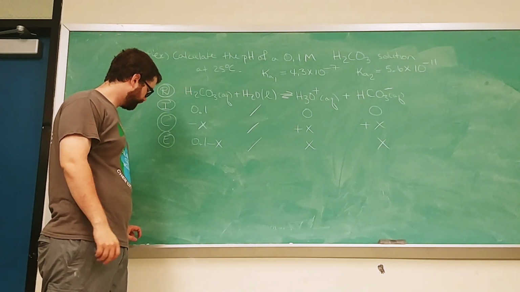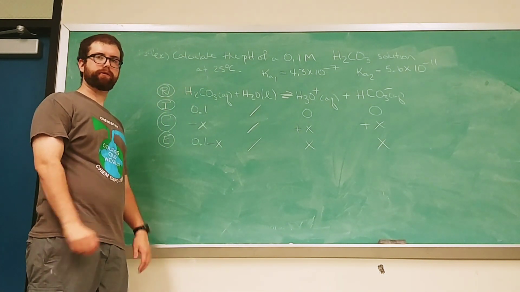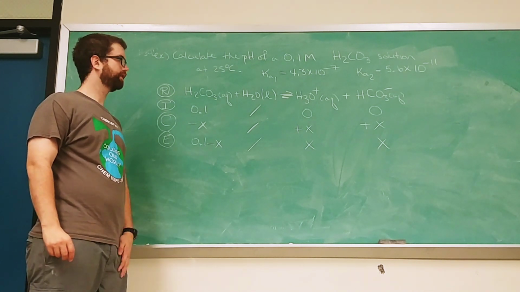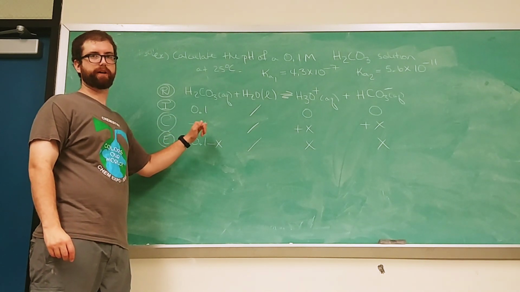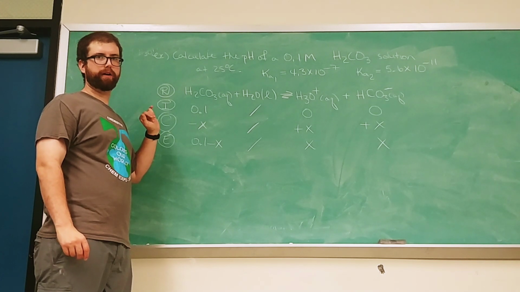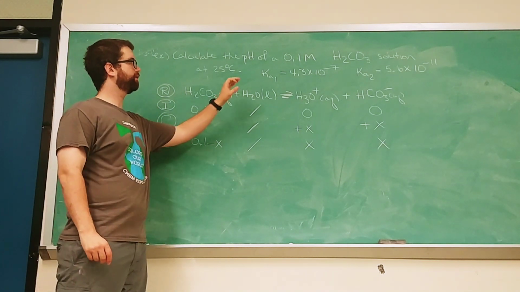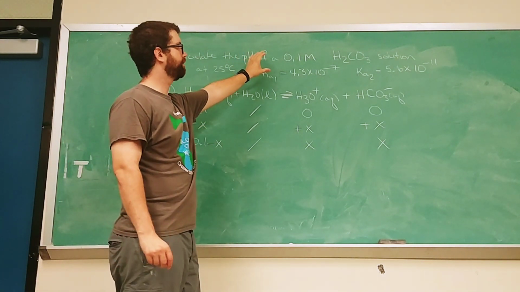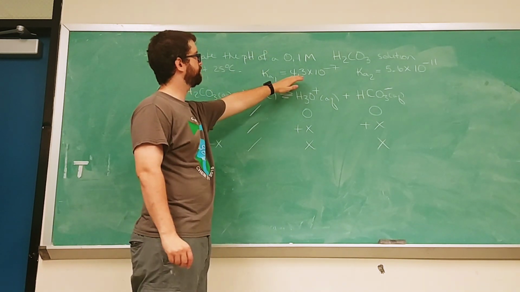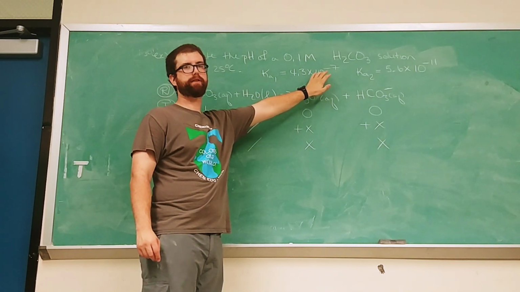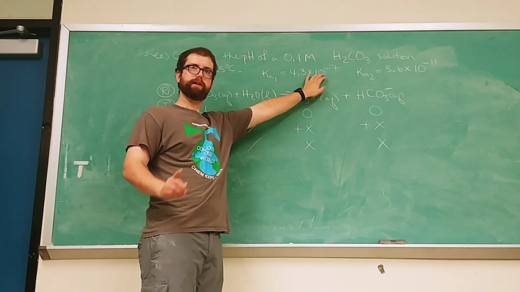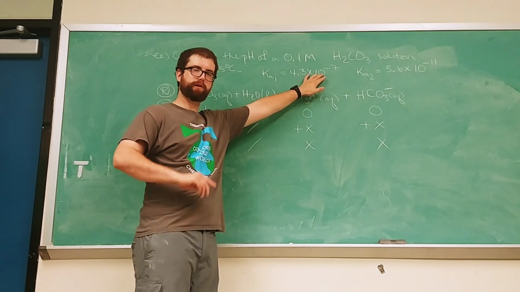Now, unlike in the situation where we were looking at sulfuric acid, where sulfuric acid was a strong acid, I definitely had to worry about x. And unlike my situations where I had very large values of K, in this situation, just like with our other weak acid problems, my Ka is a significantly small value, this is 10 to the negative 7, and our cutoff is 10 to the negative 4 or smaller.